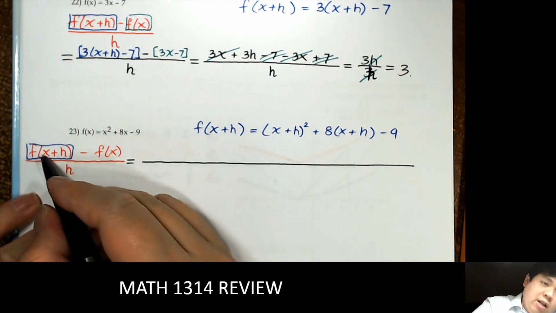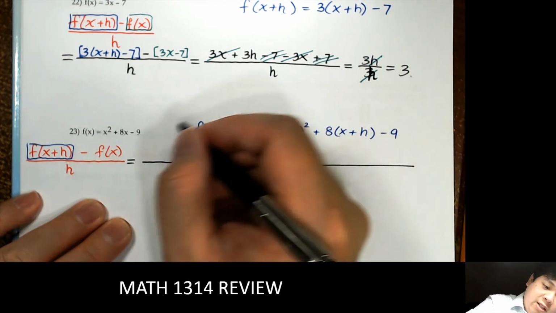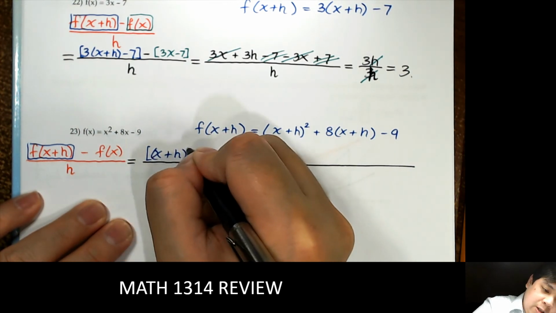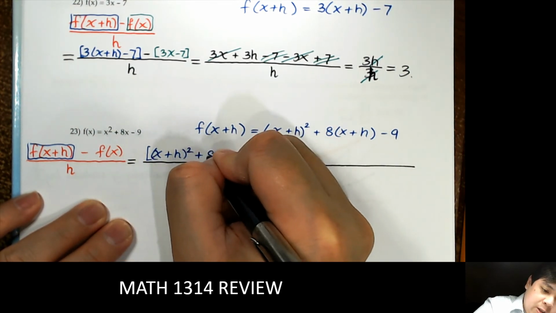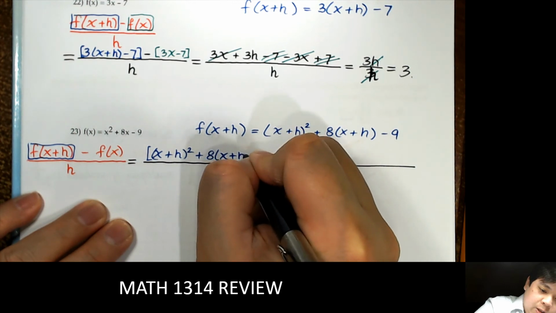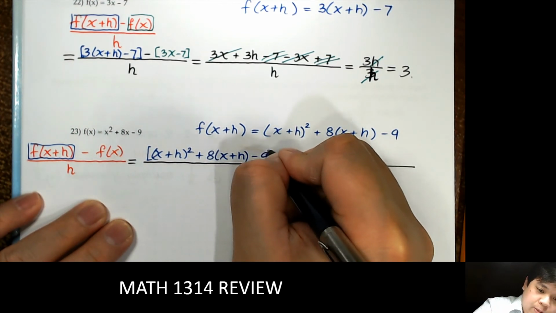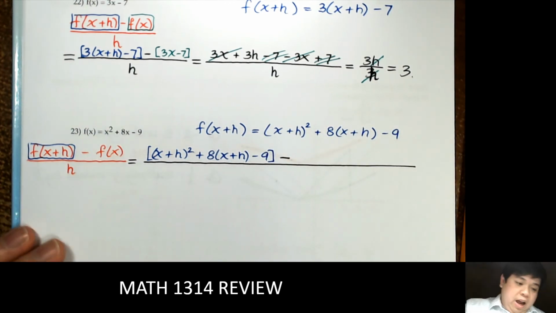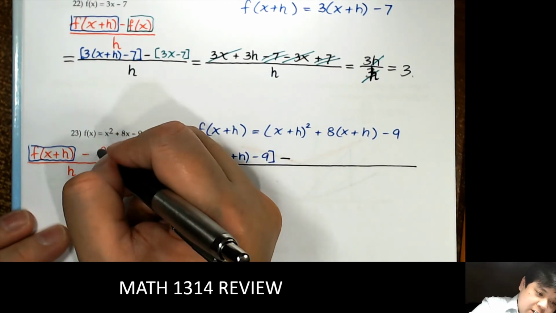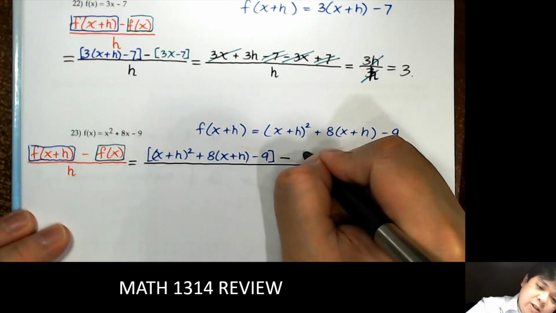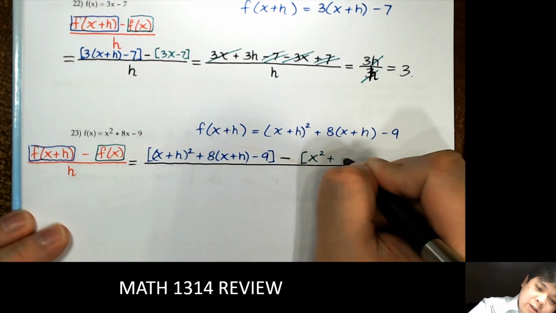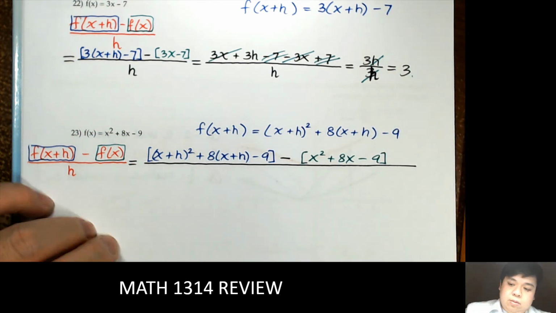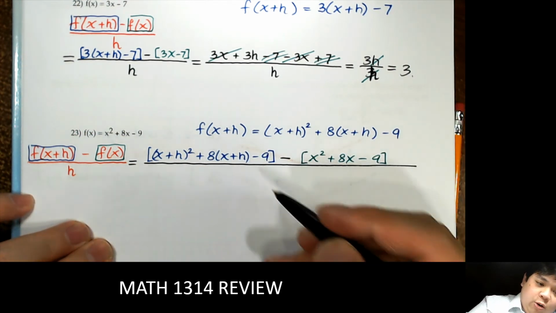So first we have this. Subtract f of x. This is the original function. All of that over h.